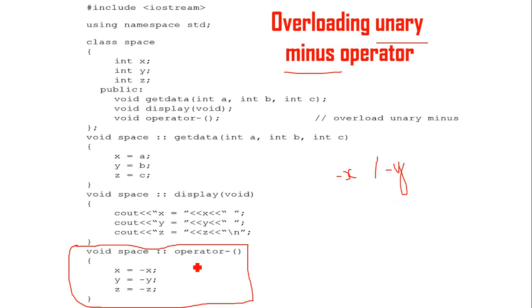Now, with this operator overloading concept, we try to apply the unary operator to the data members of a class. Instead of complementing one variable, this operator function is intended to complement three variables: x, y, and z.